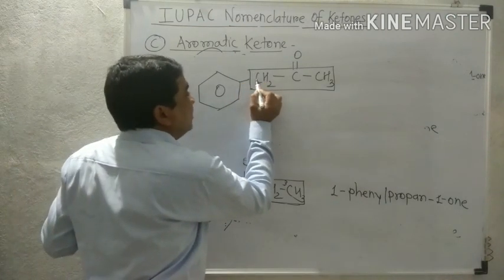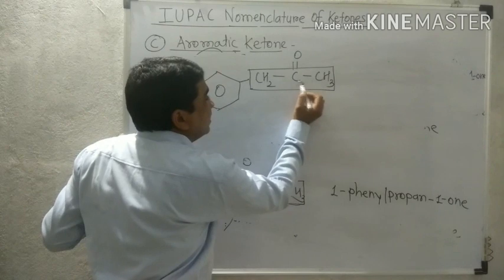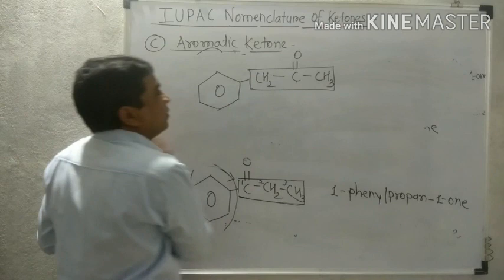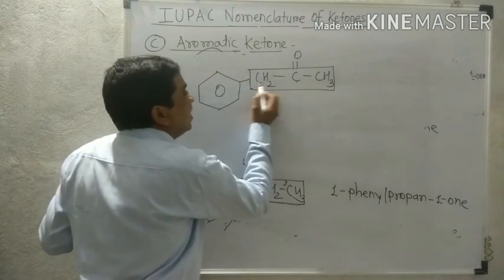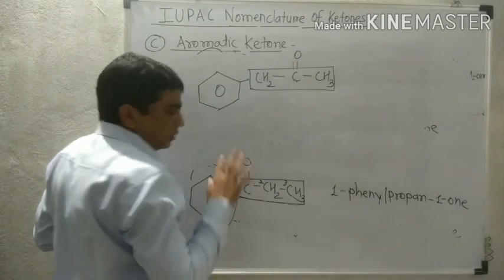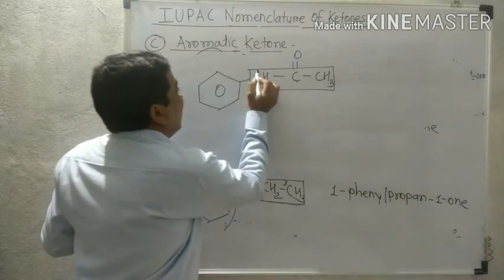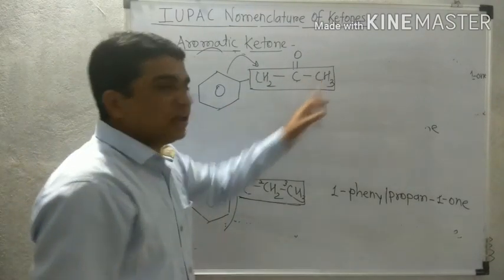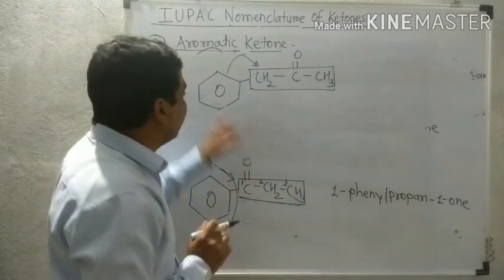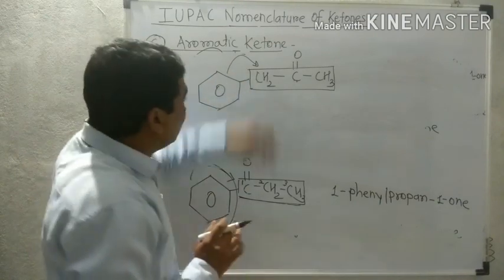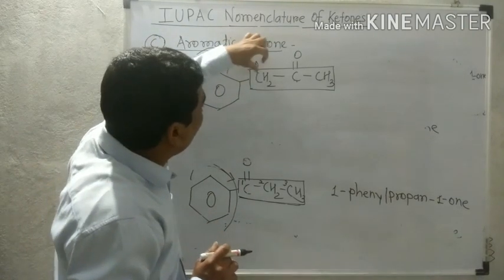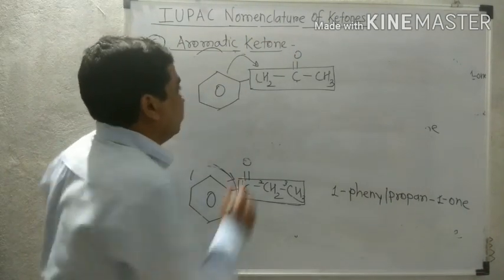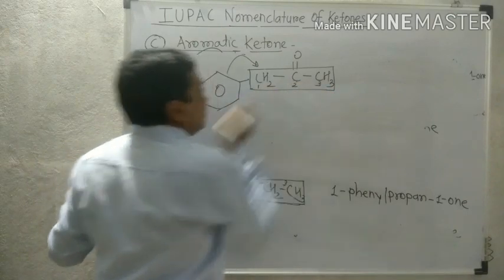Numbering from this end or this end, the carbonyl carbon is at the second carbon from either side. But at the first carbon on one end, the phenyl group is attached. On the other end, there is no phenyl group attached. Therefore, preference is given to the carbon that has phenyl, so numbering is from this end.